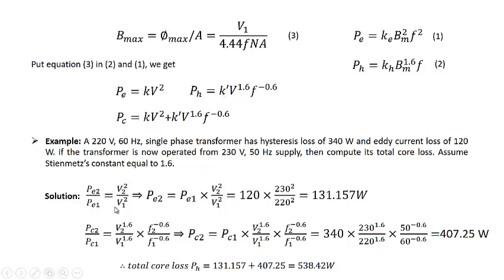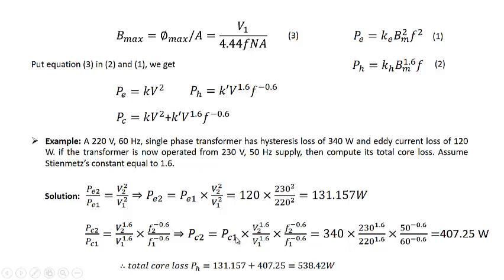PH2 divided by PH1 will be equal to V2 raised to power 1.6 divided by V1 raised to power 1.6 into F2 raised to power minus 0.6 divided by F1 raised to power minus 0.6. PH2 will be equal to PH1 into V2 raised to power 1.6 divided by V1 raised to power 1.6 into F2 raised to power minus 0.6 divided by F1 raised to power minus 0.6.